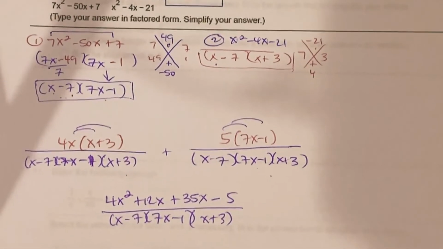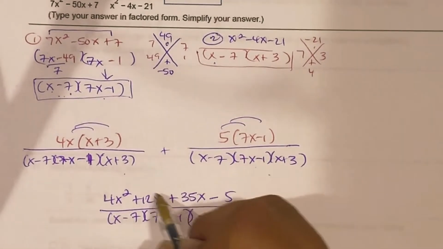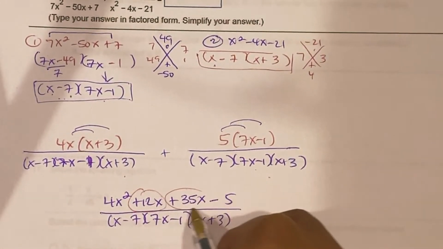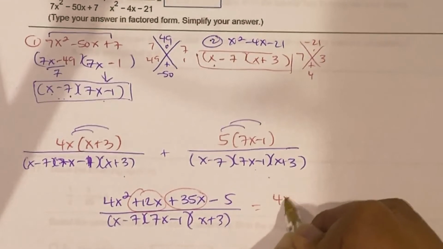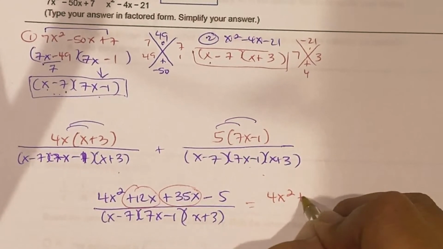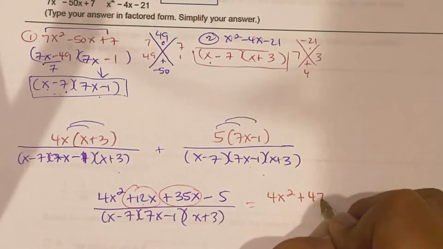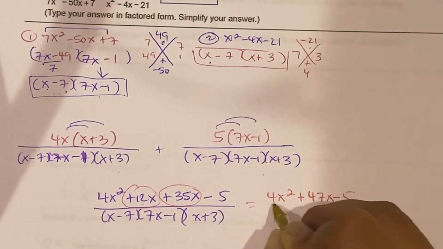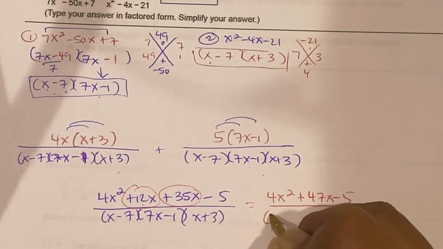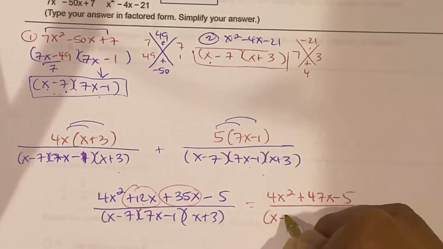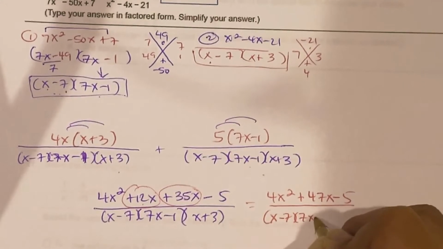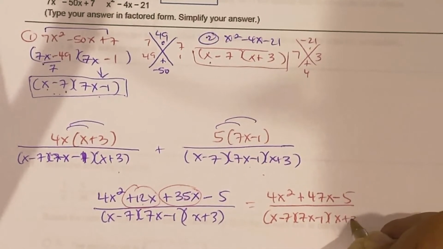When we get to this point, combine your like terms. So these two pieces can add together. So I get 4x squared plus 12 and 35 is 47x minus 5 over our bubble piece, which is x minus 7, 7x minus 1, x plus 3.